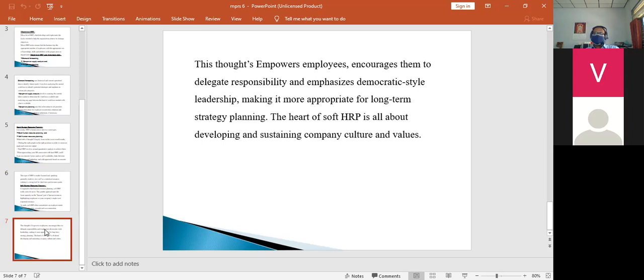Next, the heart of HR, soft HRP, is all about developing and sustaining company culture and values. So the major concentration of soft human resource planning is developing and sustaining company culture and values. What do you mean by company culture?